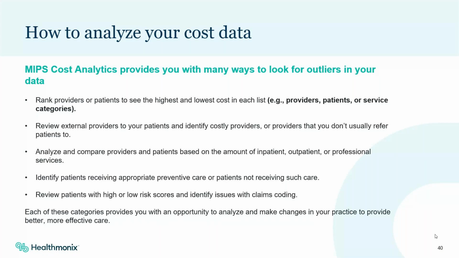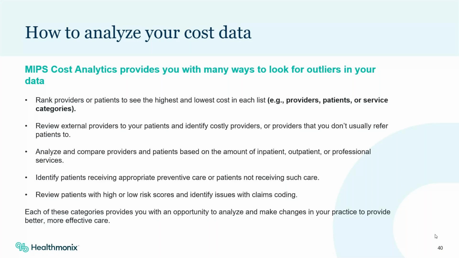So for example, we can look at the highest and lowest cost providers or the highest and lowest cost patients. We can look at providers who are not involved in your specific TIN and see what kind of costs are coming from those other providers. We can look at which providers and patients have a certain number of different kinds of services. And then we can look at patients who may not be receiving the appropriate care, or patients who have an abnormal risk score.